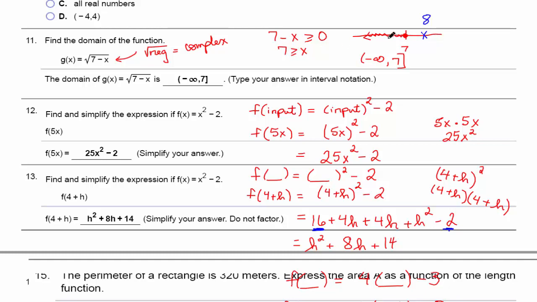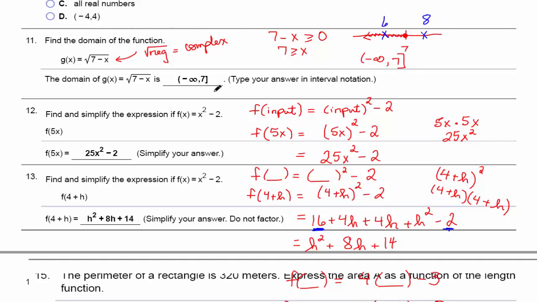No. But if you pick the test value over here, such as 6, is 7 greater than or equal to 6? Yes. Therefore, it's everything under 7. 7 is a closed dot because of the equal, so I get a bracket, and it's everything off to the left forever.